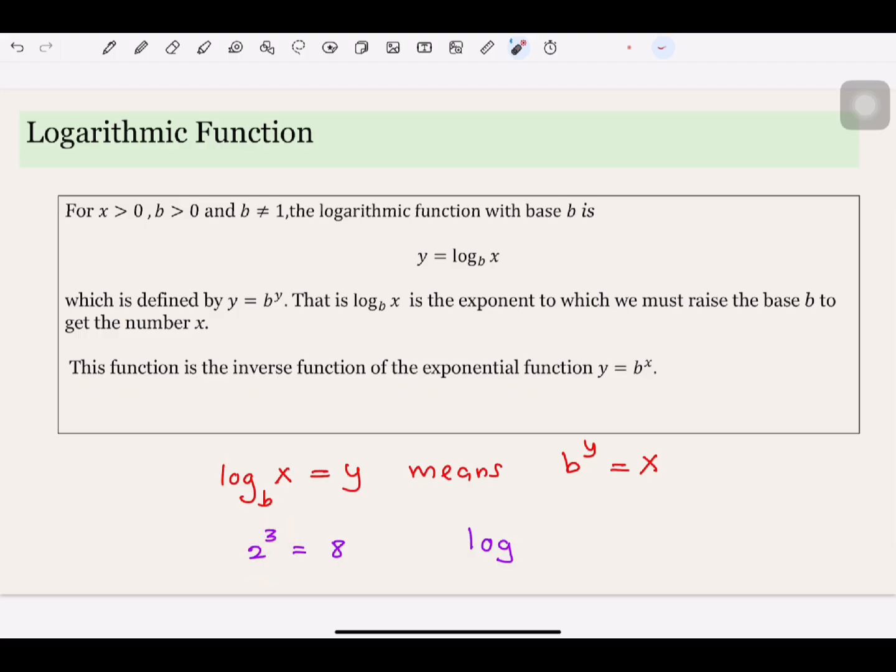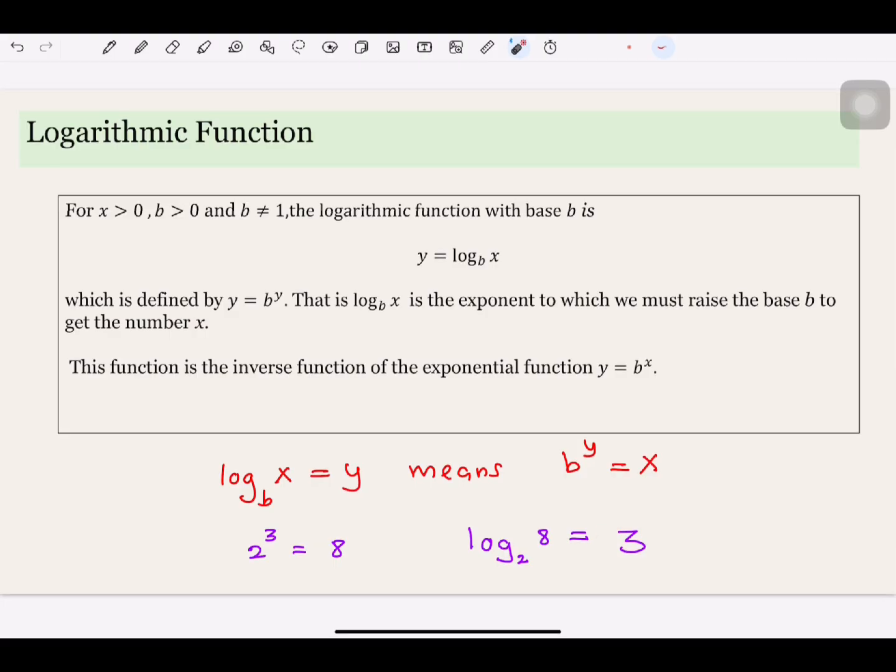So you write your base as a subscript and then you write your output. This expression asks you to tell the exponent that we need for 2 to get 8. We know 2 to the power 3 is equal to 8, which means the logarithm of 8 with base 2 is equal to 3. So here you can see the output is the exponent.